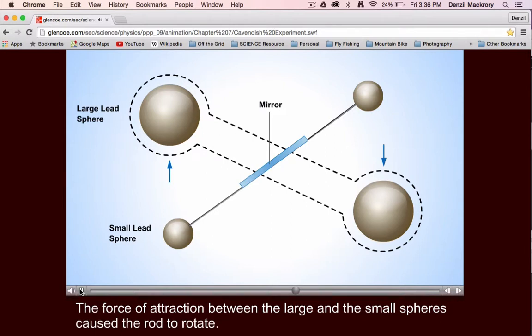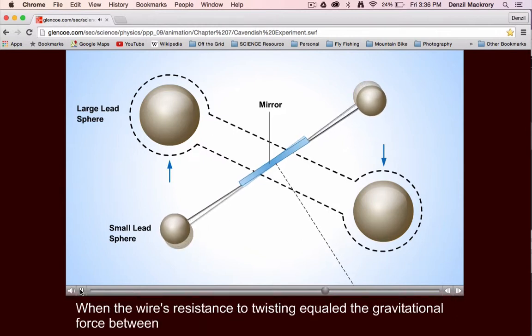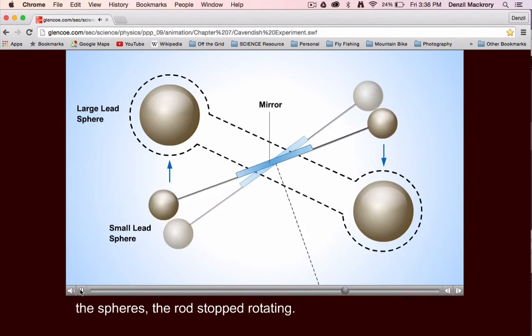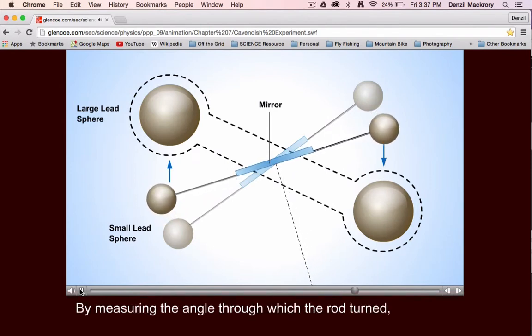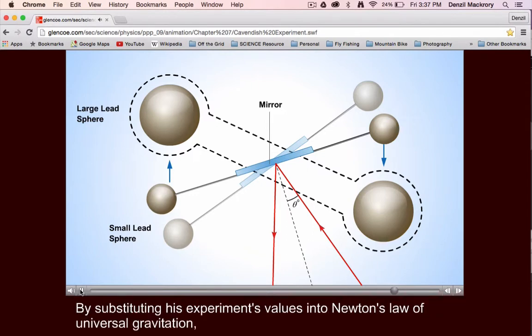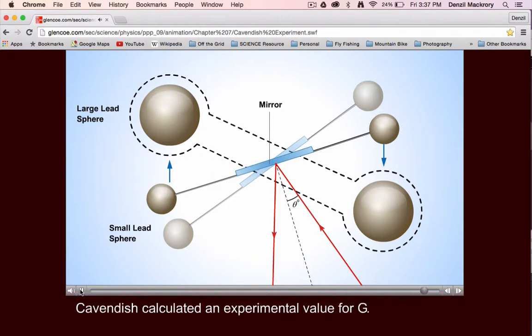The force of attraction between the large and the small spheres caused the rod to rotate. When the wire's resistance to twisting equaled the gravitational force between the spheres, the rod stopped rotating. By measuring the angle through which the rod turned, Cavendish was able to calculate the attractive force between the objects. By substituting his experiment's values into Newton's law of universal gravitation, Cavendish calculated an experimental value for G.